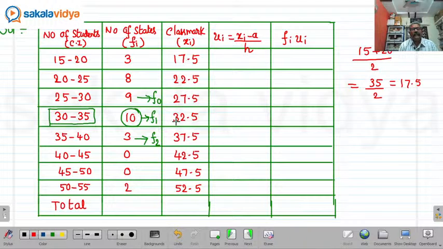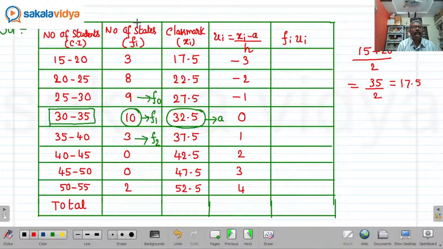You can select either 32.5 or 37.5, as you wish. So let us select 32.5 as A. This is A. Corresponding to this value, we write 0, 1, 2, 3, 4. This is a technique. Minus 1, minus 2, minus 3.